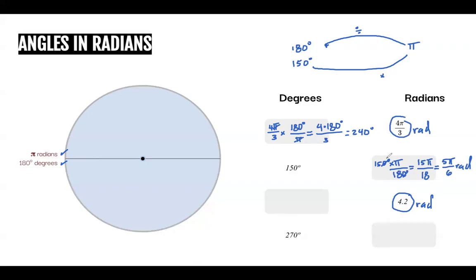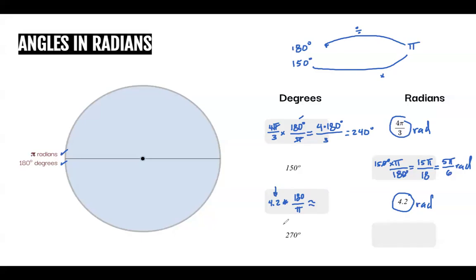So in this case, all of the previous problems were exact answers, but now we're going to take the 4.2, and just like we did up here, we're going to multiply it by 180, and we're going to divide it by pi. Now, in this case, we're going to reach an approximation because this is not in terms of pi.